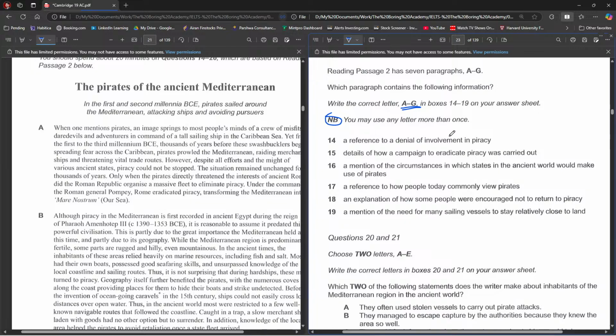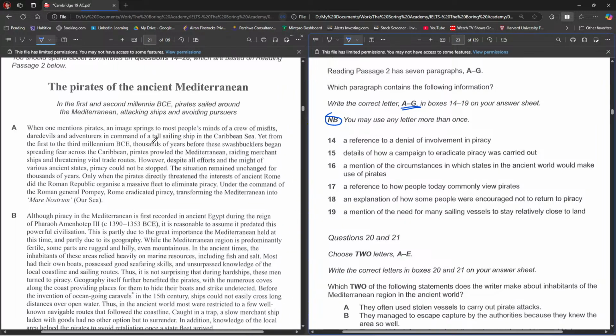First in question 14. Then I search for similar words or paraphrasings in the passage, from A to G. After that, skimming and scanning.